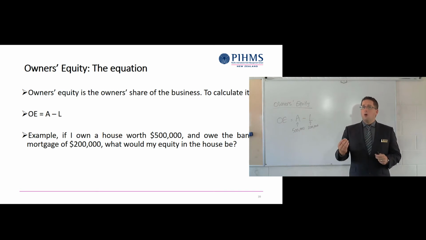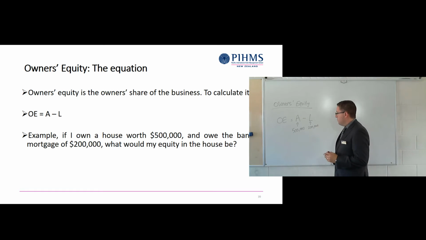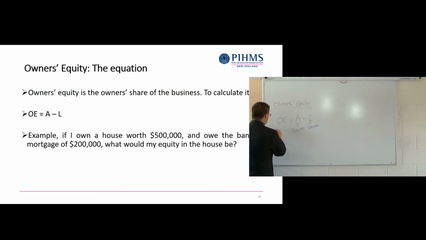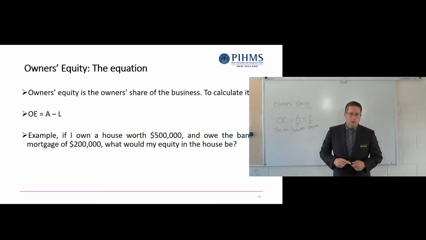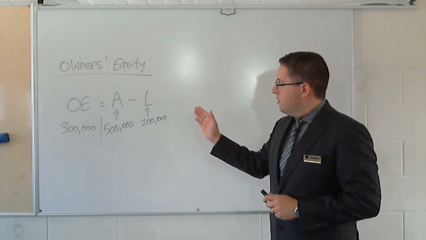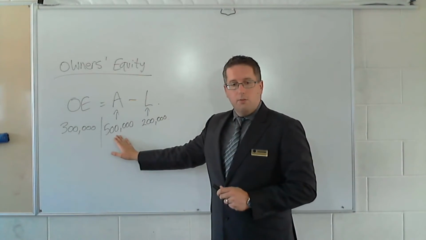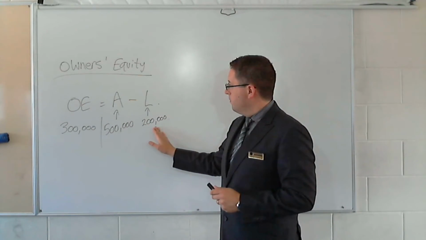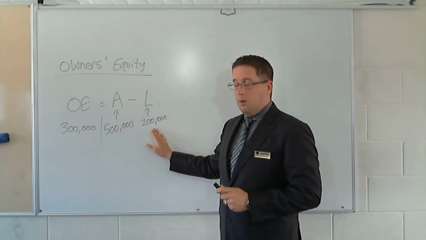Or I could ask, what's my share of the house? Now, simple maths, owner's equity. It's $300,000. There you go. So this is the value of my house, $500,000. I still owe $200,000 to the bank.